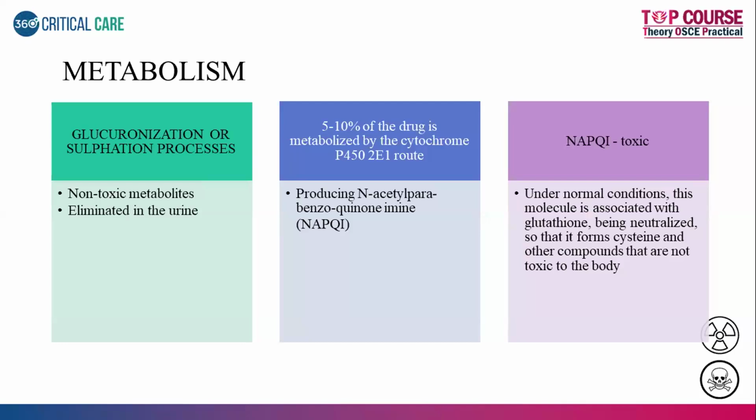Now coming to the metabolism. This is very, very important for us because paracetamol toxicity involves this metabolism part of the drug. There are two important ways by which the drug is metabolized. The major route is glucuronidation or sulfation, which produces non-toxic metabolites that are eliminated in the urine.